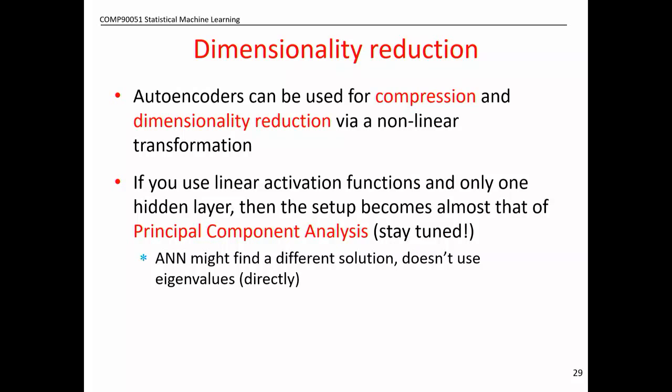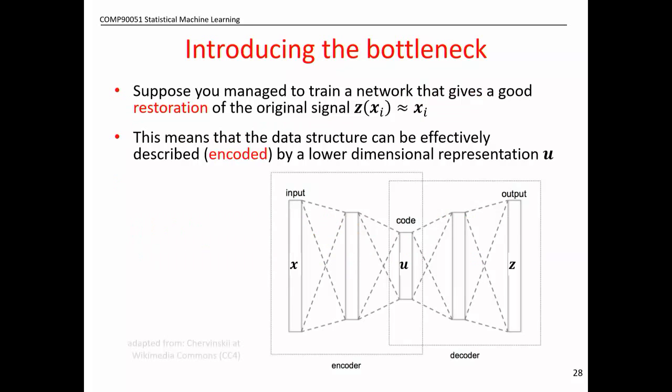Or if you had small randomly initialized weights and you had an activation function that was linear around the origin, like hyperbolic tangent, and you did early stopping, your activation functions would tend to be locally linear, and you would also be effectively having sort of PCA. So this is similar to other things we're going to cover later. We're going to cover PCA after we do SVMs, because PCA is a kernel method. But it goes about it another way.